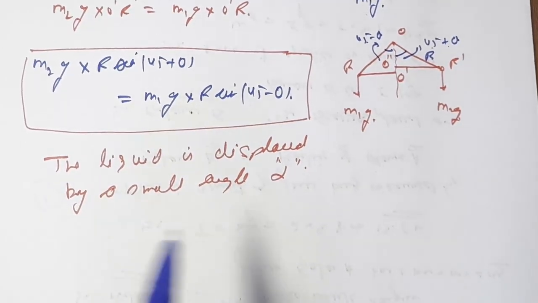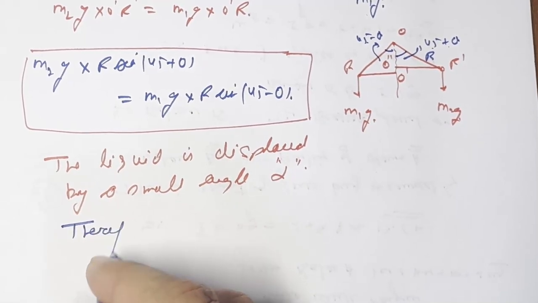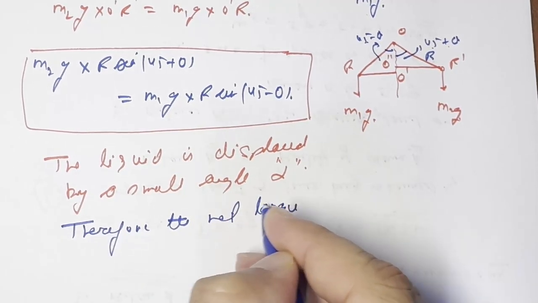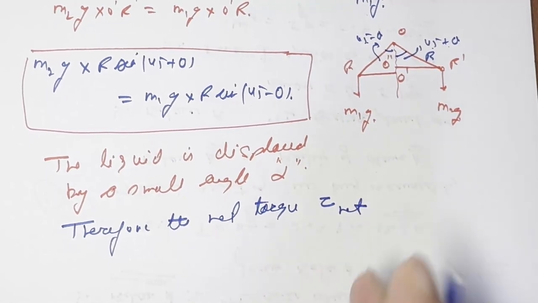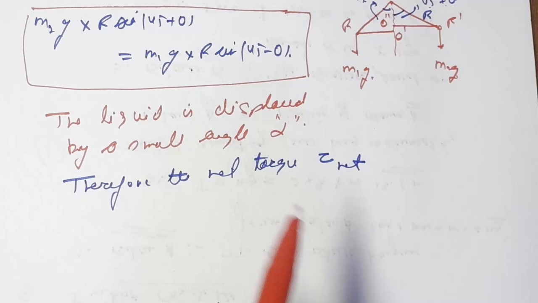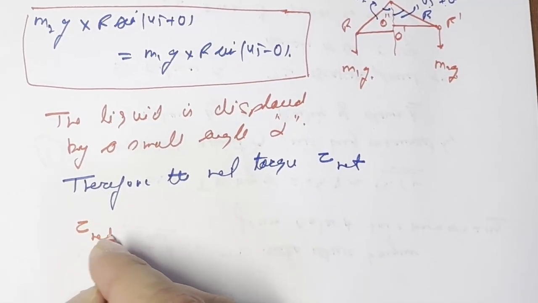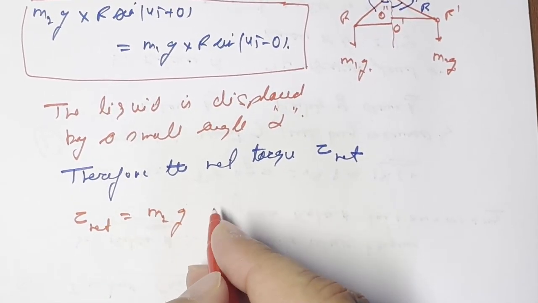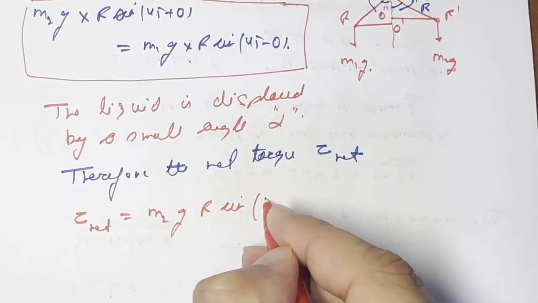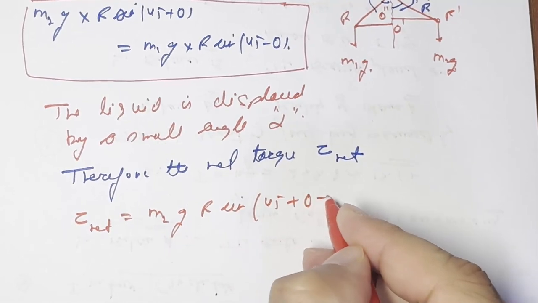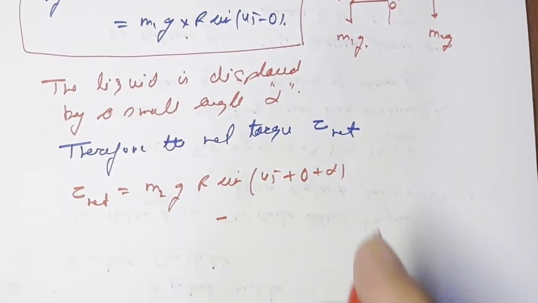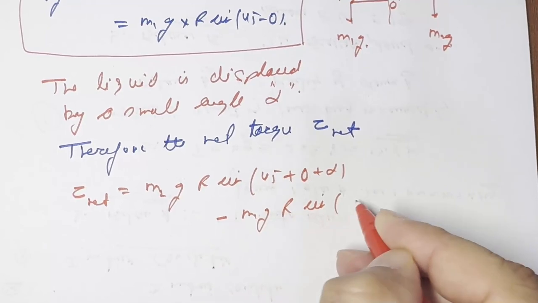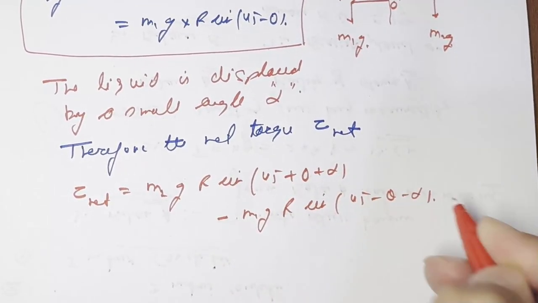Therefore, let us call the net torque tau net, and we can write tau net equal to m2g r sine of 45 plus theta plus alpha, minus m1g r sine of 45 minus theta minus alpha.